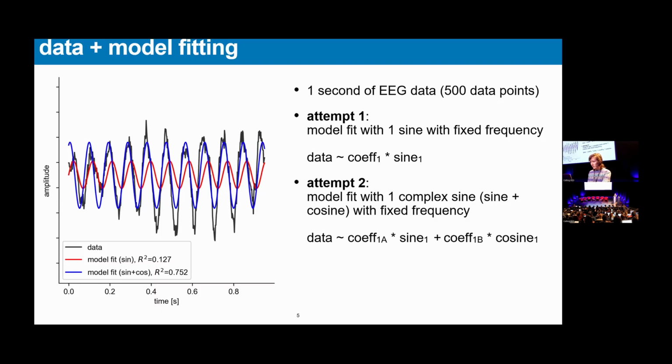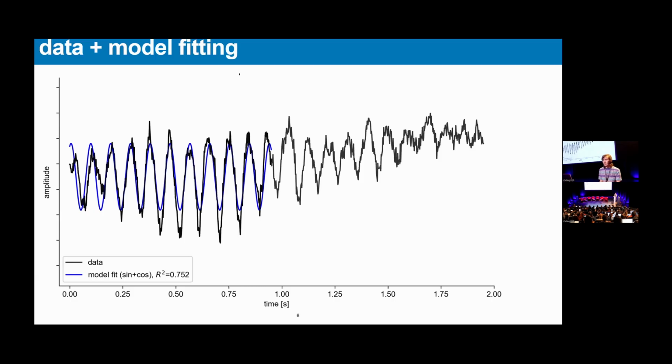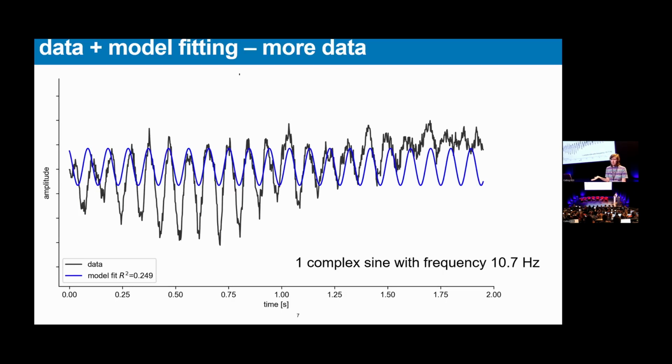All right. This model worked quite well, so let's try it with a little bit more data. Here it's now 2 seconds of EEG data. We fit the model, we find the coefficient which matches the data best, and it doesn't work so well.